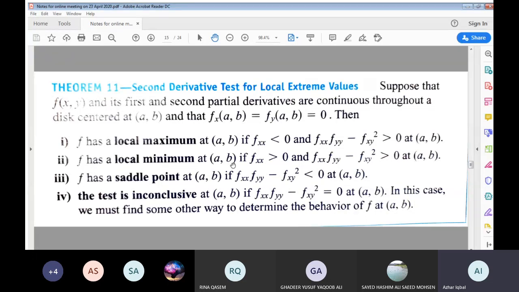This is the condition which mathematically describes the local maximum at this point. If this condition is satisfied, the function has a local maximum at this point.